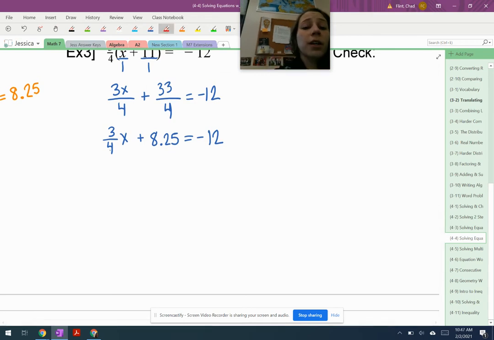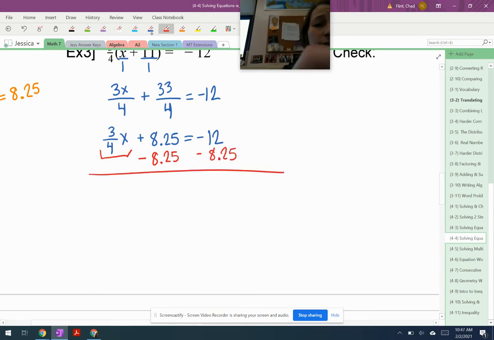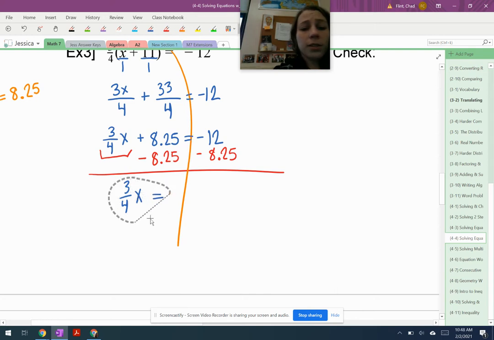Okay, so we are continuing by isolating our x term, which would be that 3/4 x. To get rid of that positive 8.25, I'm going to do the opposite and subtract that 8.25. So my 3/4 x gets to carry down, is equal to, and again, I'm forgetting that line down the center, which totally puts this off balanced.